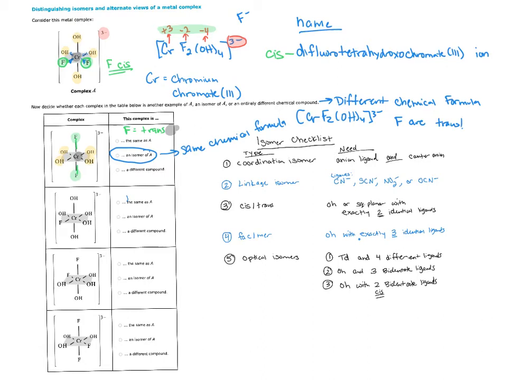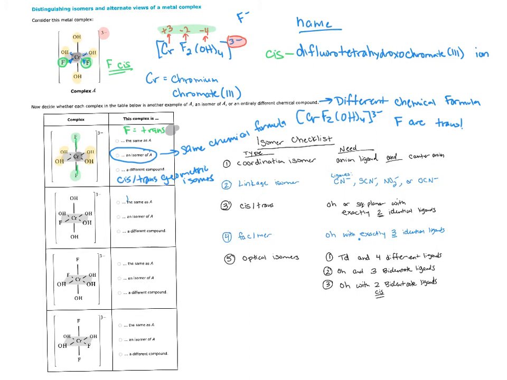So these would be cis-trans geometric isomers, where I have cis in this case, trans in that case.